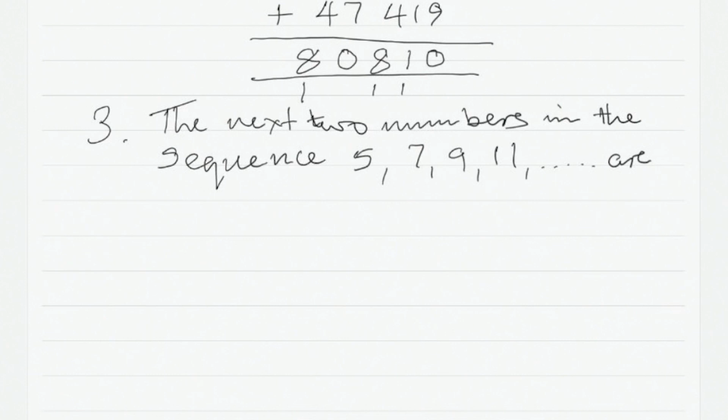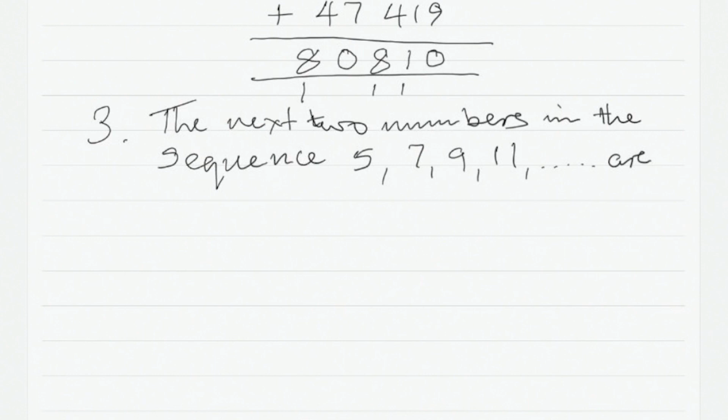The rule is, if you check, first of all, find the difference between 7 and 5. The difference there is 2. If you go to 7 and 9, the difference there is 2. If you go to 9 and 11, the difference there is 2 again. Meaning that each number is getting bigger by an addition of 2.